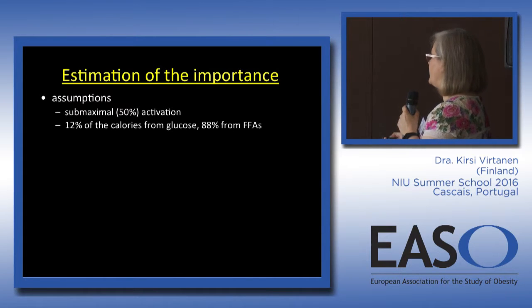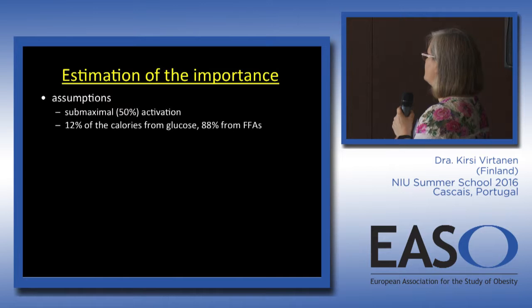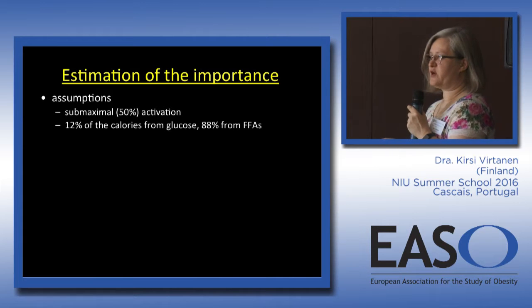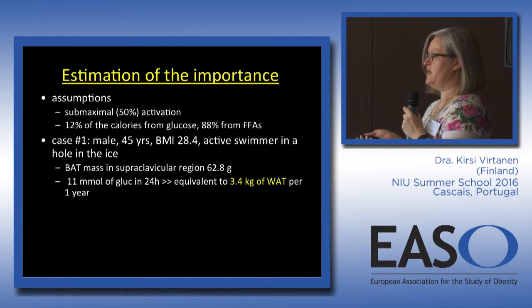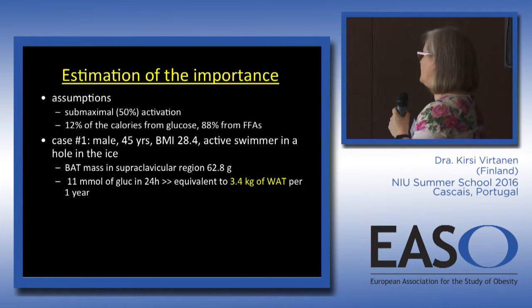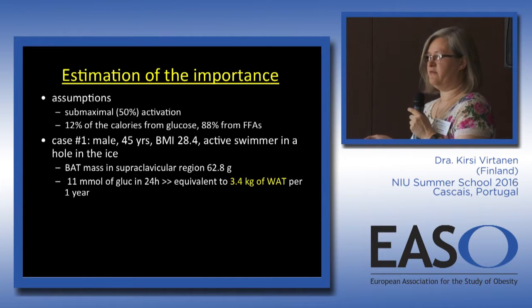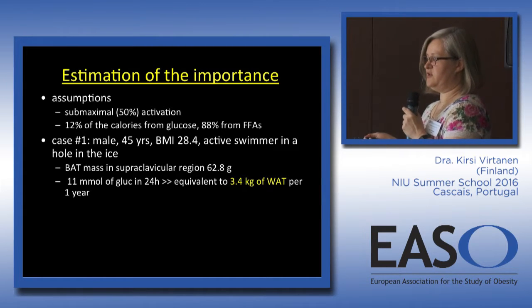The first one is a male who likes to swim in wintertime, and he had 60 grams of brown adipose tissue in the supraclavicular region. Converting that to energy which can be burned from white adipose tissue, it was equal to approximately 3.4 kilograms in a year.